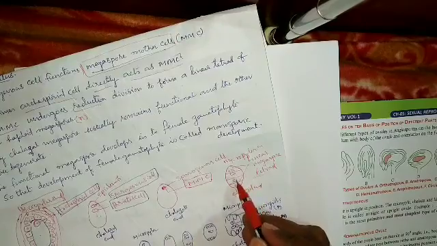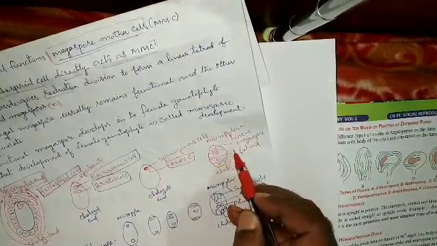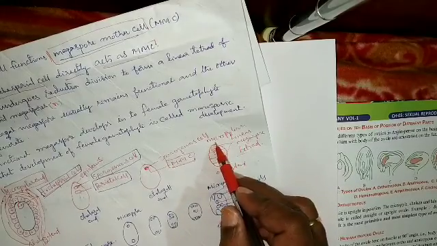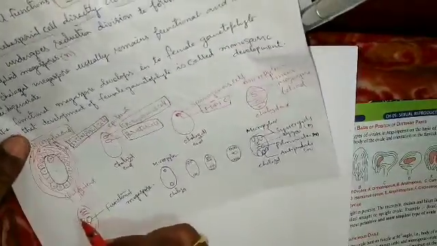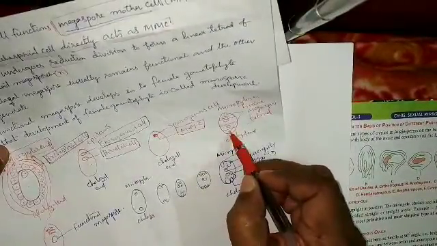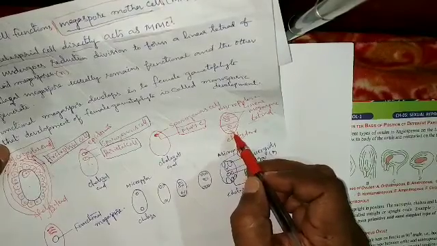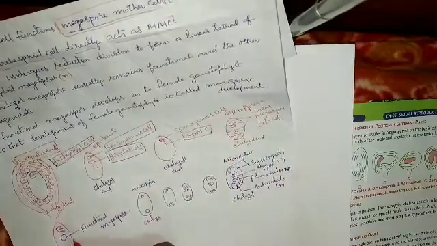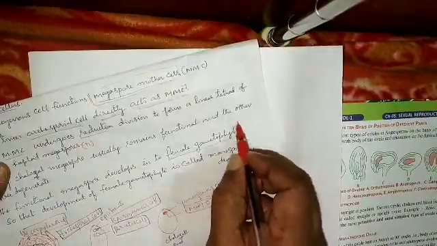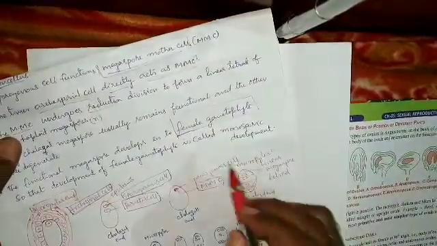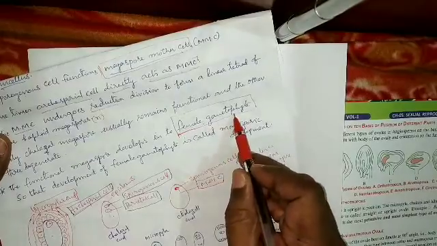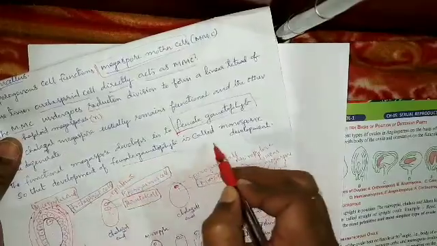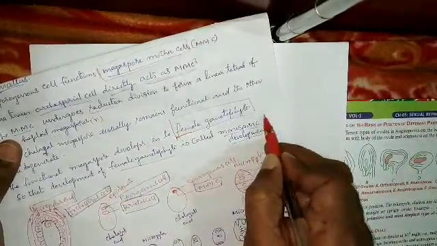So the three cells of the megaspore tetrad towards the micropylar end degenerate, and only the cell nearer to the chalazal end is functional and develops as the female gametophyte.